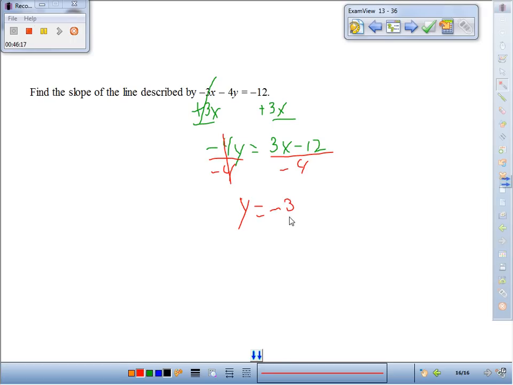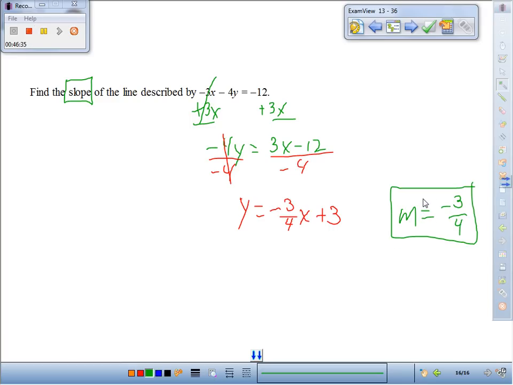It's negative 3/4 x. What is negative 12 divided by negative 4? That's positive 3. But what are they asking for? The slope. So my slope is the coefficient of x, which is negative 3/4. Have you got that? Okay. Go to number 14.